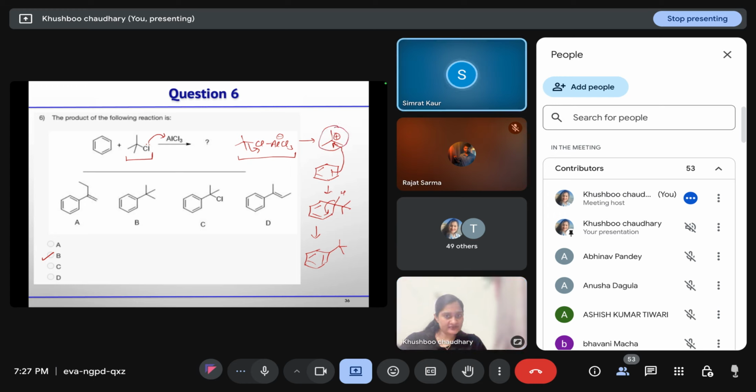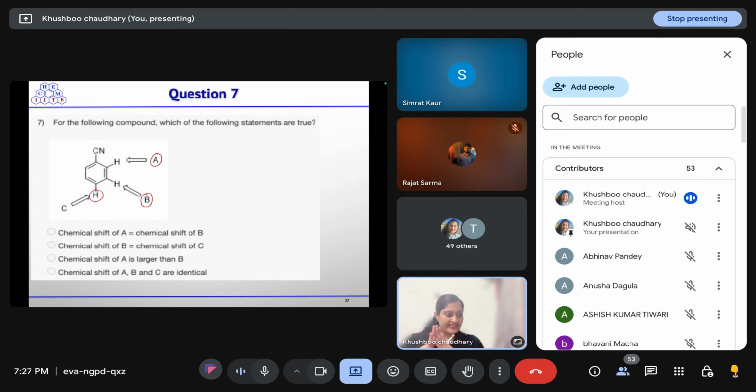Is this fine? Then, after the attack of benzene on that carbocation and the loss of proton, you will get alkyl substituted benzene. Any doubt?